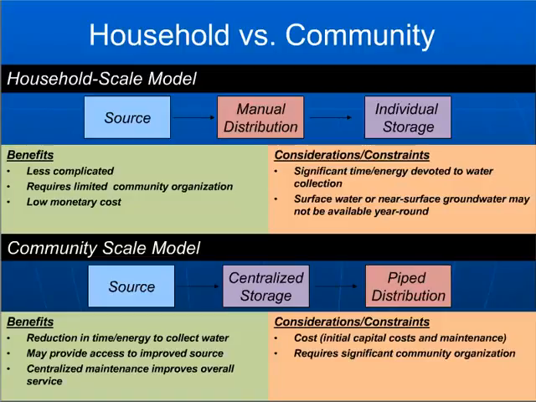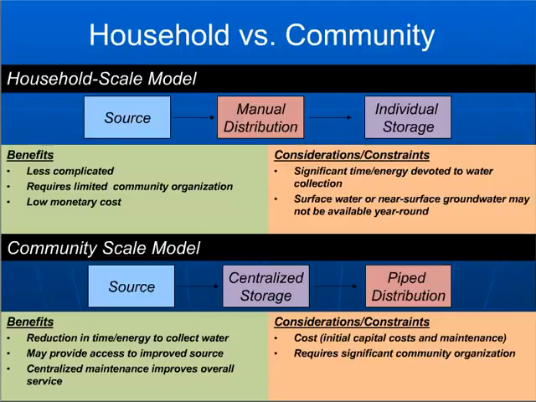And the downside, though, to all of the benefits on the community scale model typically relate to cost, both the initial capital costs and the long-term operation and maintenance costs, but also the amount of organization that's required. You really need to have everybody in the community committed to the project, dedicated to seeing it through, and also willing to contribute financially to support the project over the long run.